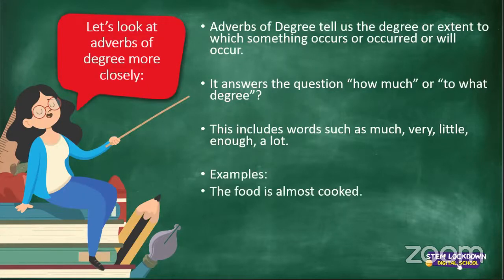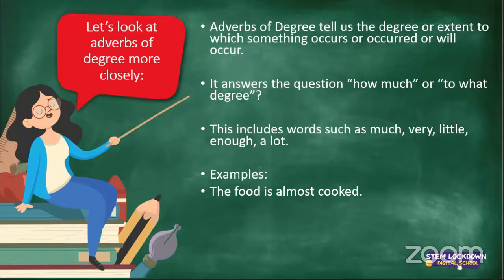The food is almost cooked. So now I'm going to ask, to what extent is the food cooked? So this is going to be a little bit of a strange question, but it can help you. How much is the food cooked? How far has the food cooked?